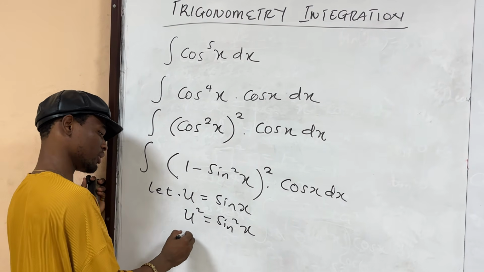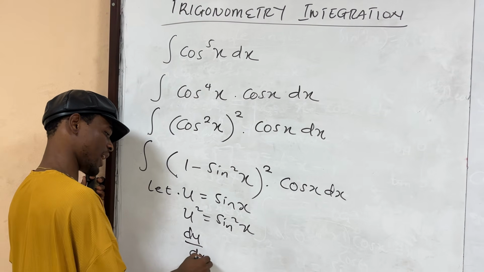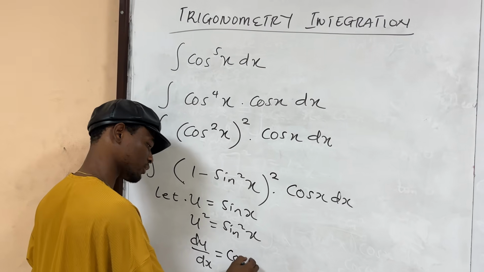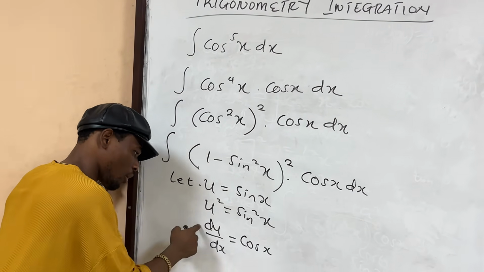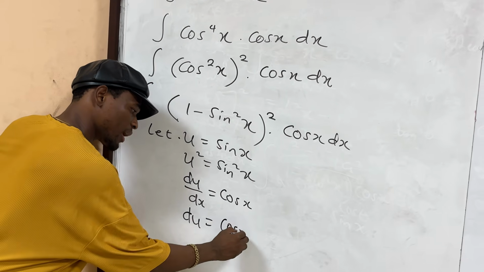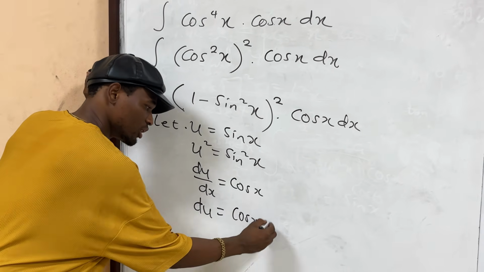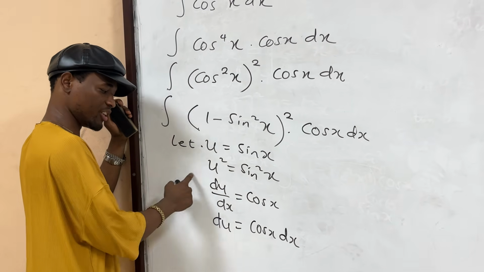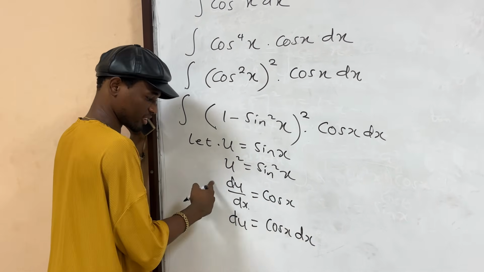So du over dx is equal to, if I differentiate sine x, I have cos x. Therefore, my du becomes cos x times dx, because if you multiply both sides by dx, dx cancels dx.